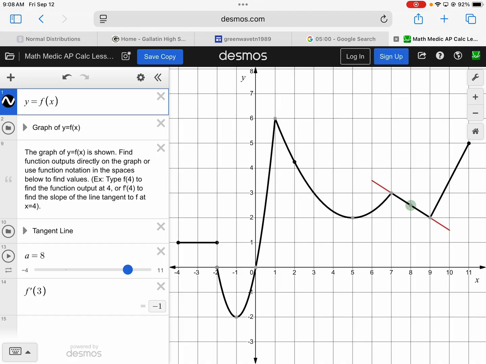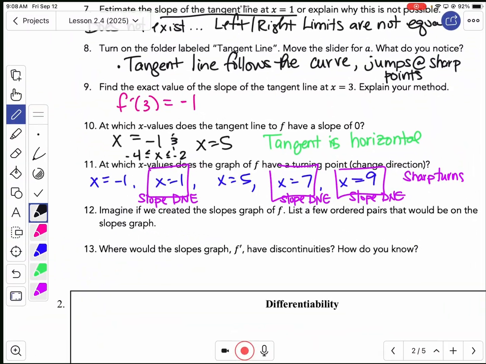It's on that -1/2. It's on that linear piece. If I went to, let's say 10, what would the slope be on that piece? 3/2, right? We already did that. If we go over here to -3, what would the slope be? 0, okay? And then we already said at -1, it would be 0, right?